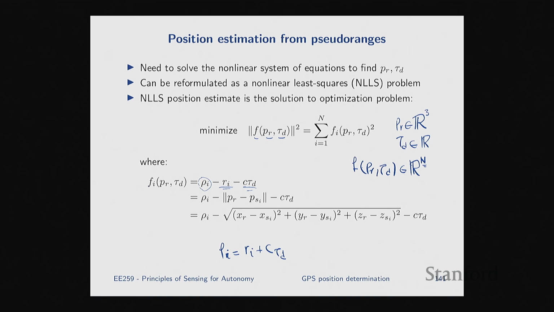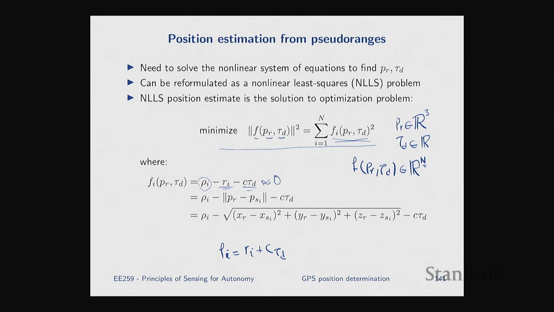So with the correct solution, rho_i minus R_i minus C tau_d should be almost 0. I mean, there's noise and non-idealities, that's why it's not exactly 0. And that justifies this optimization problem: minimizing the sum of squares of all these terms, which in the ideal case should all be 0. Does the problem setup make sense?